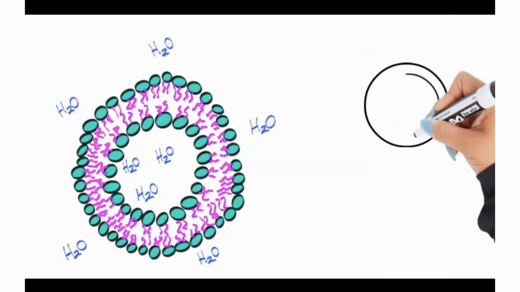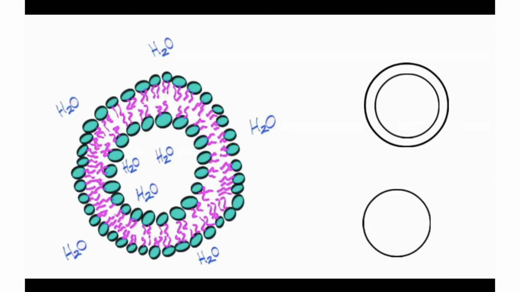Okay, so let's take a look at this slide right here. What I'm showing you on the left here is the cell membrane of a typical human cell. It's composed of phospholipids, the phospholipid bilayer that we see right here.